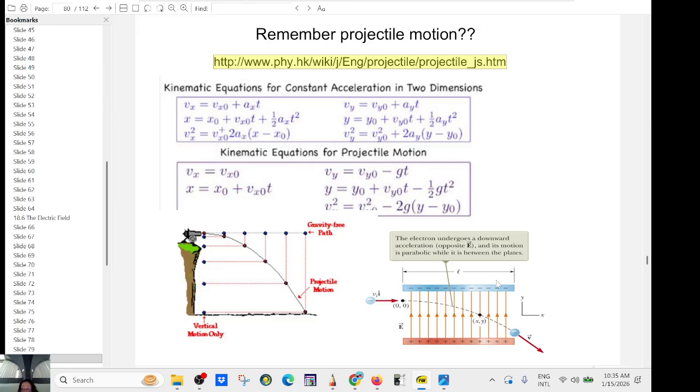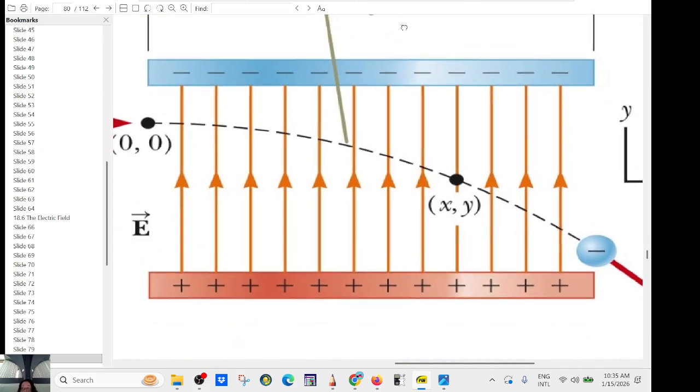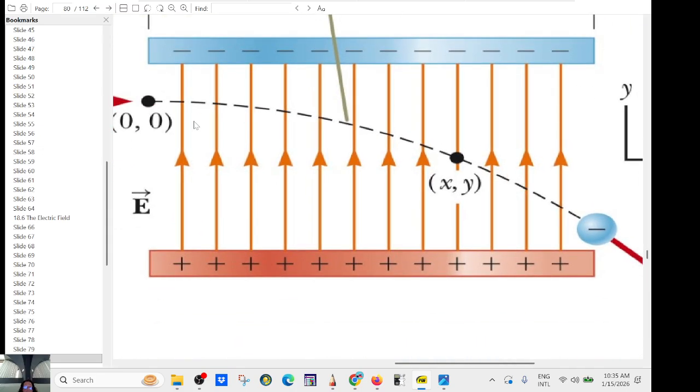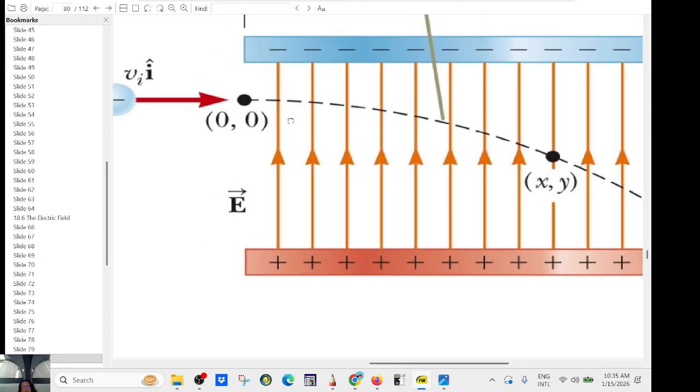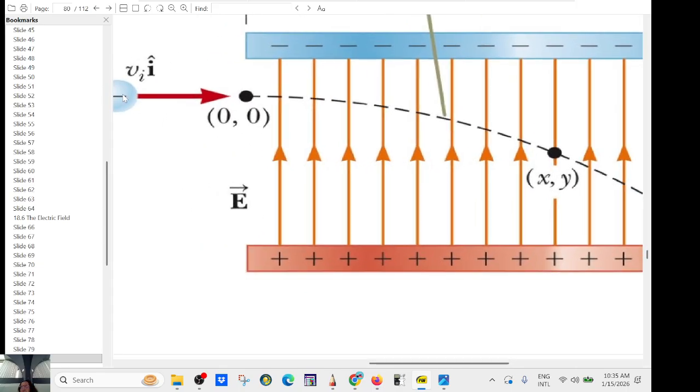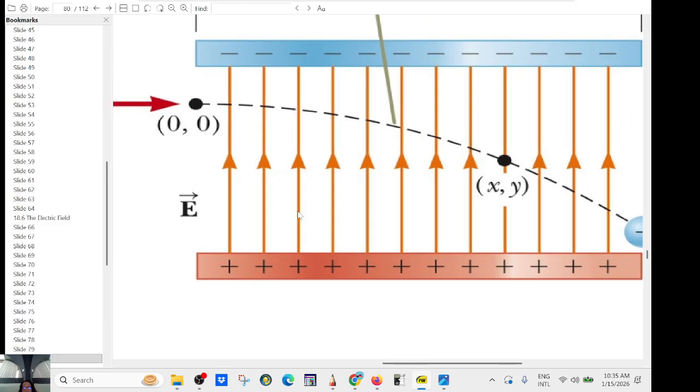What's the point of that? The point is the following, and it's easy if you remember projectile motion. If you have an electron going through that region where you have an electric field, which way does it want to go? Where is the force?